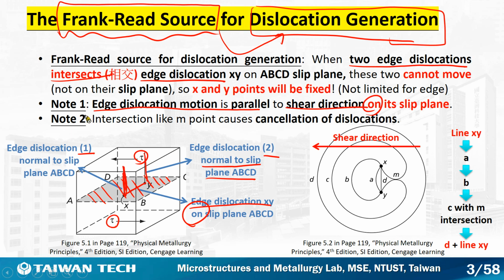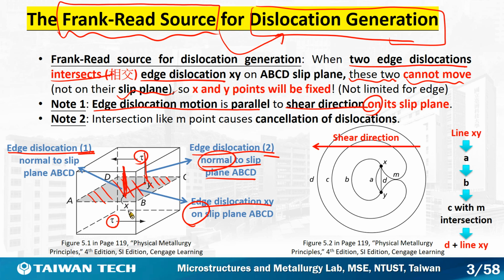However, for these two, edge dislocation 1 and 2, because they are normal to the slip planes, they cannot move during this shear stress. Okay, so based on the introduction here, we can know that these two cannot move on the slip plane, but XY can move.